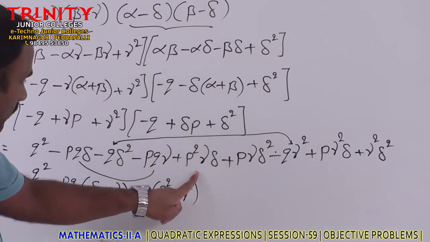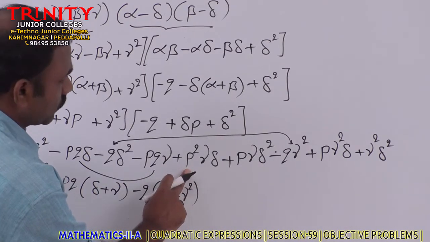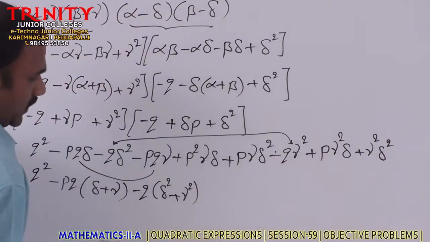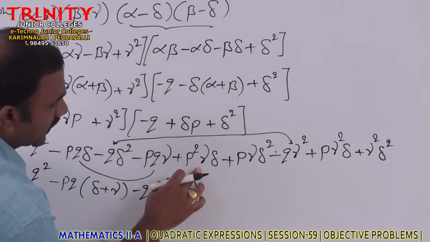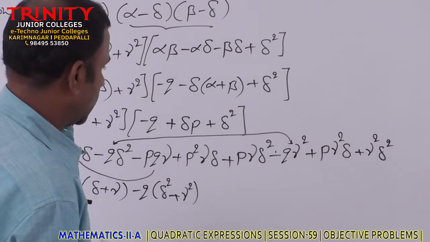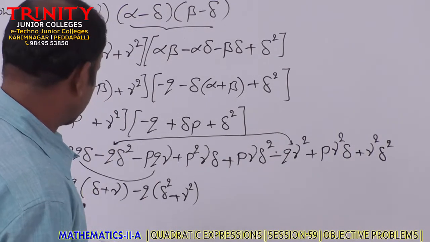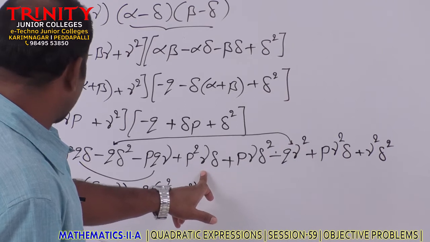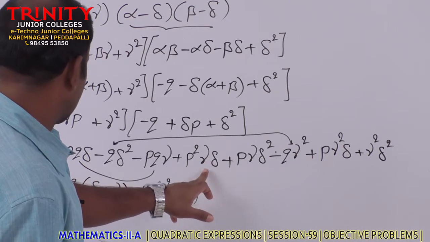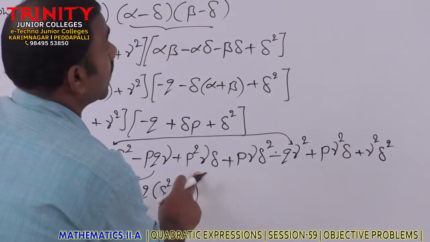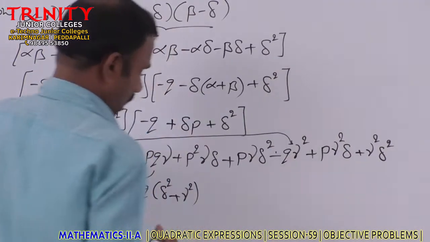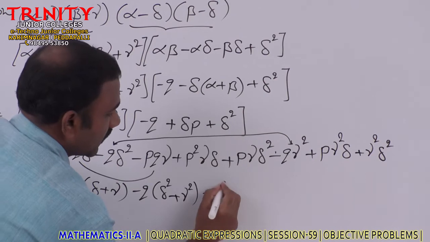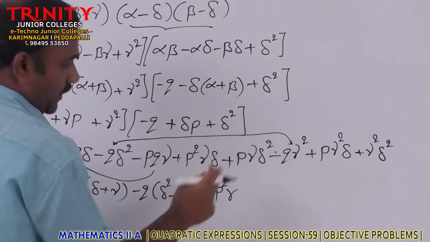And then next comes p square gamma delta, and then next we have gamma delta value, no? Gamma delta is equal to r, we can replace it: p square r.